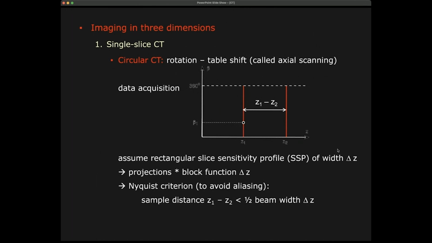So now you know how, from having projections from all different angles, you can come to a reconstruction of the distribution of attenuation coefficients that led to it. Keep in mind, this is also what I said in the beginning. With a CT scanner or an X-ray scanner, we measure the distribution of attenuation coefficients.